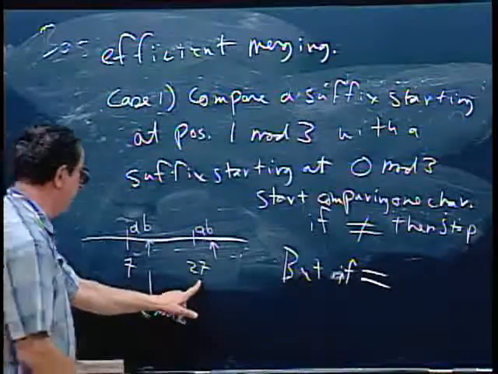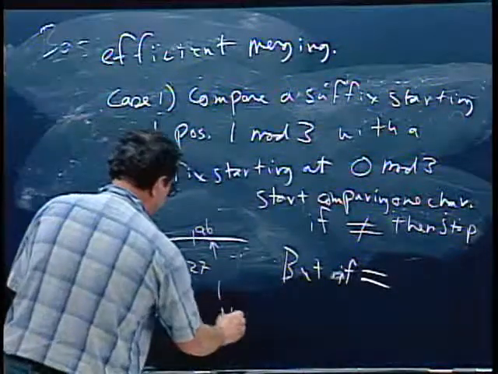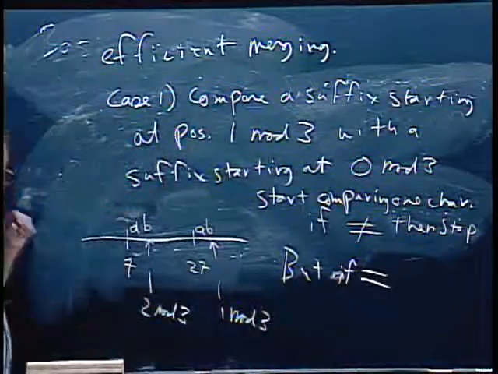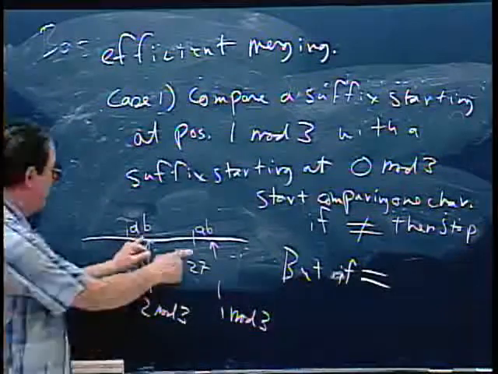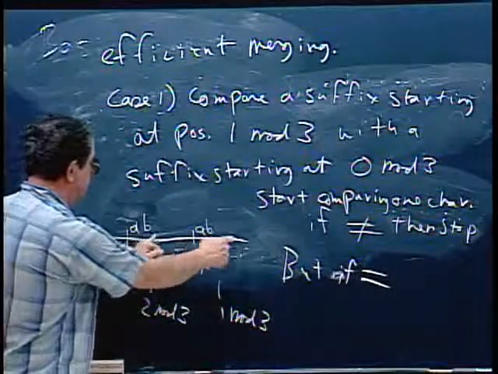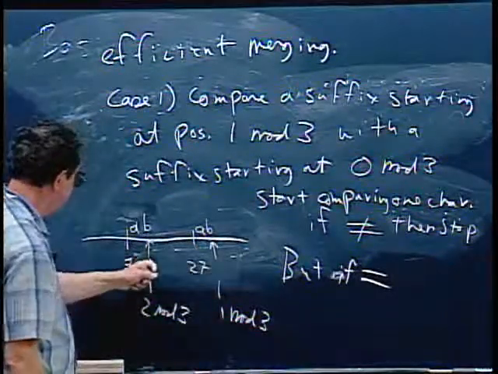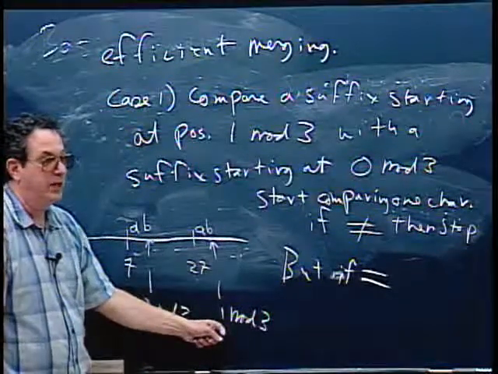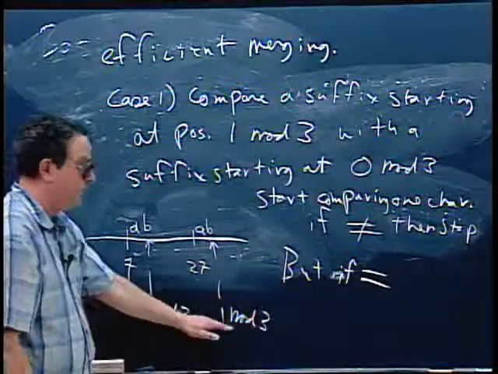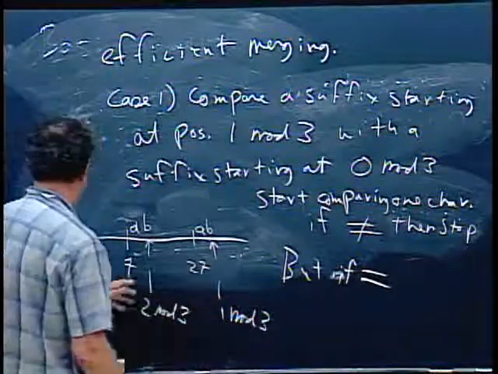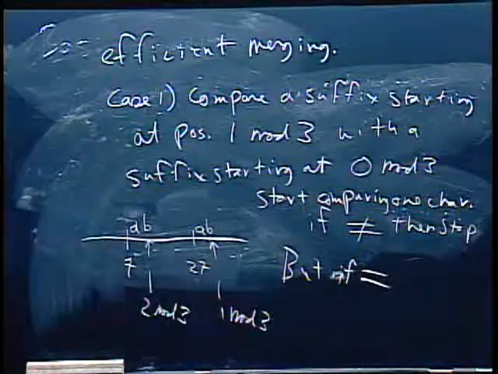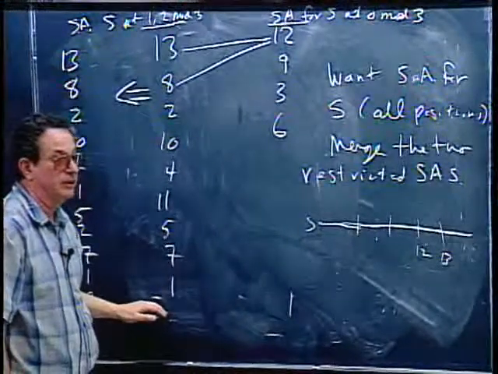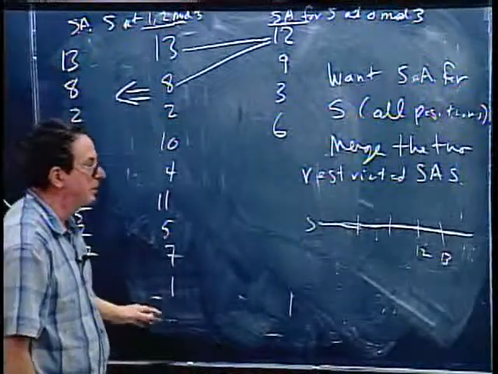This was a 0 mod 3, so now this is a 1 mod 3, okay? So now we're comparing two suffixes, one at position 2 mod 3 and one at position 1 mod 3. And we already know how those kinds of suffixes are ordered. That information is already encoded in this restricted suffix array. So we just have to look that up.